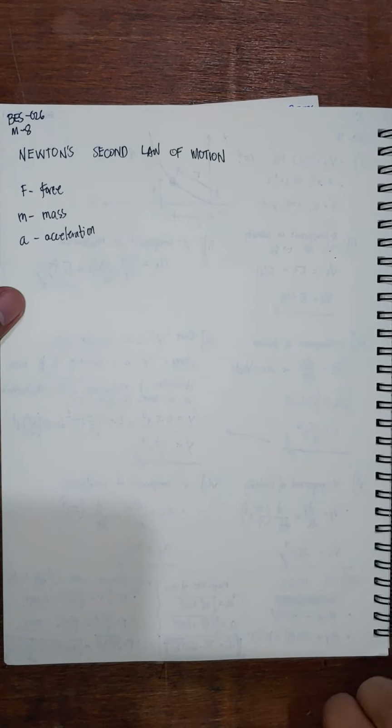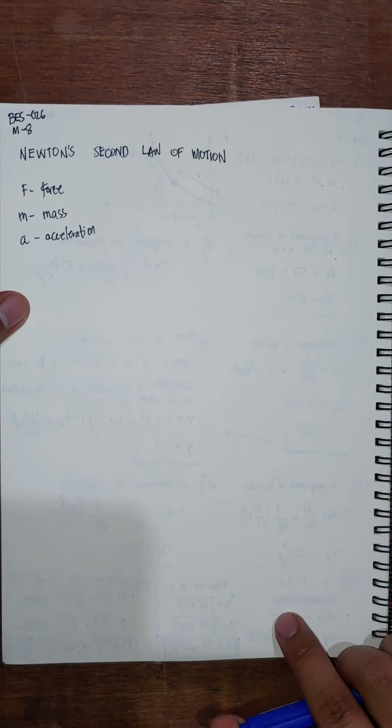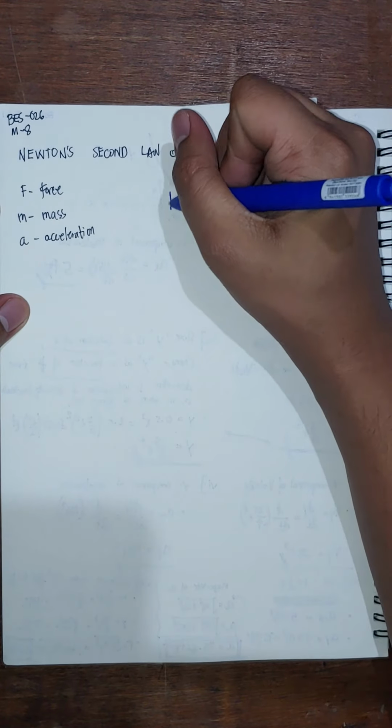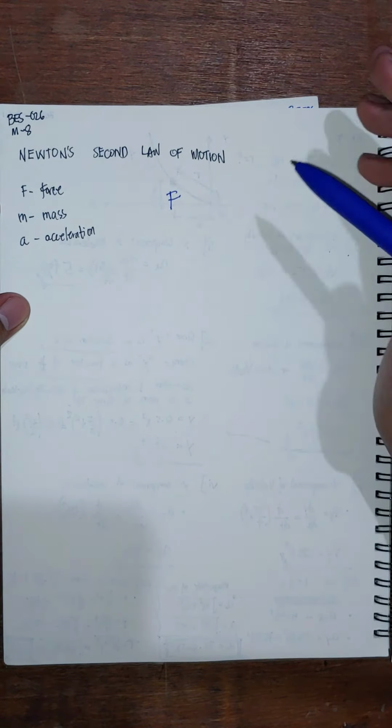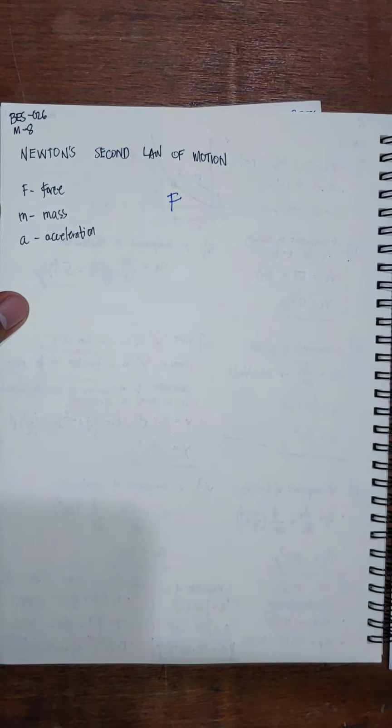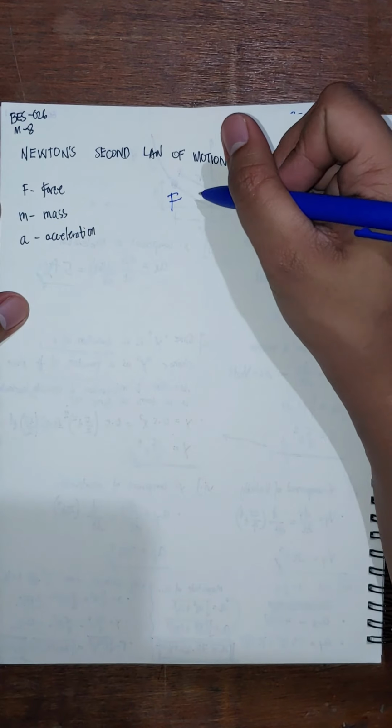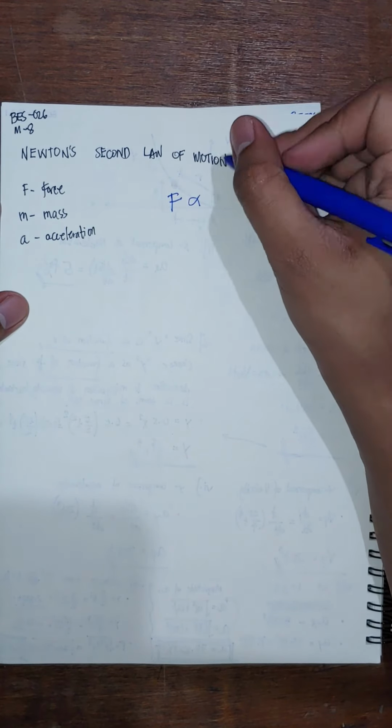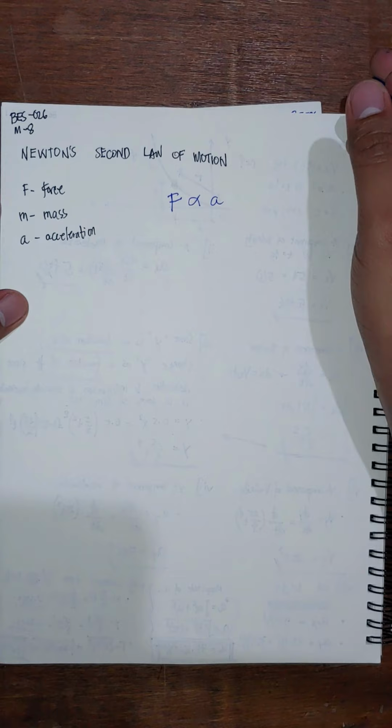So when an unbalanced force F acts on a particle, it is directly proportional to the acceleration.